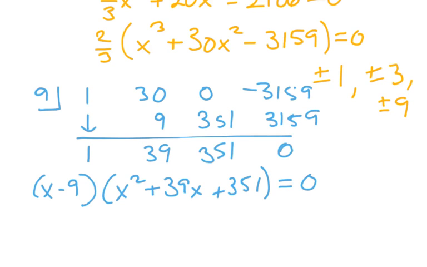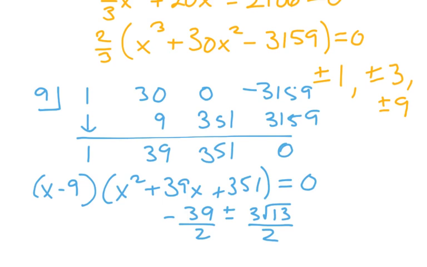I plug that into the quadratic formula, and I'm not going to show all the work here, but I end up with negative 39 over 2 plus or minus 3 root 13 over 2.